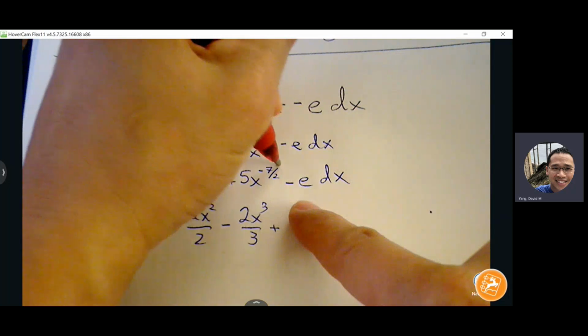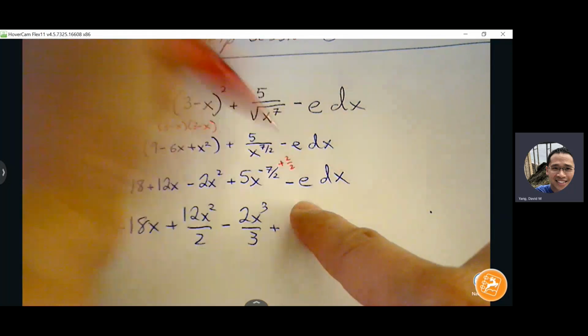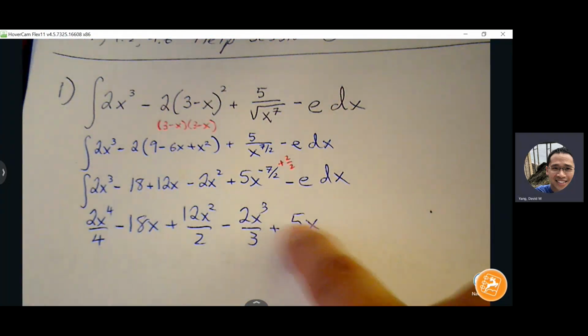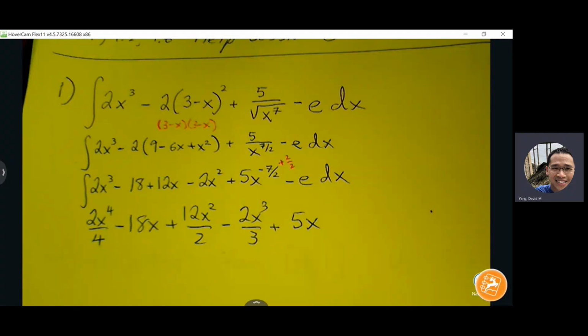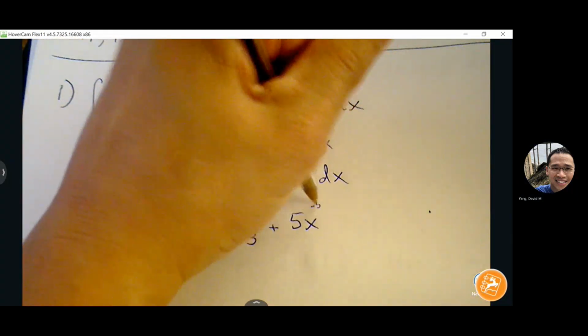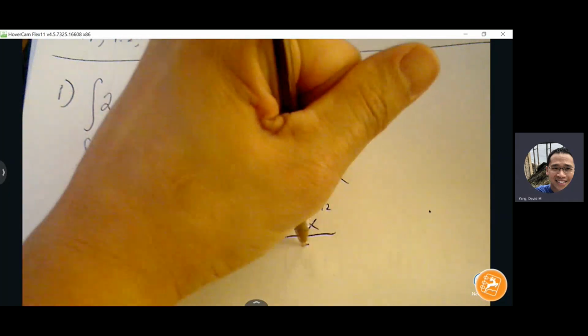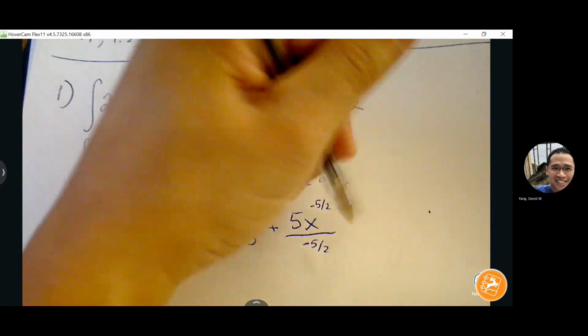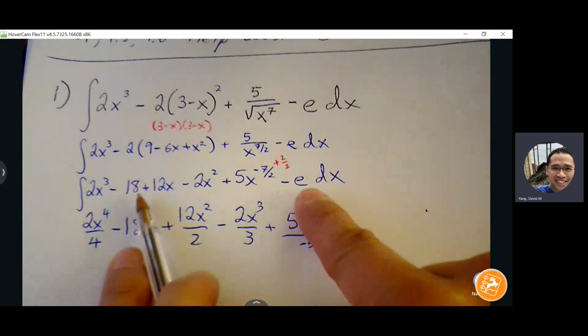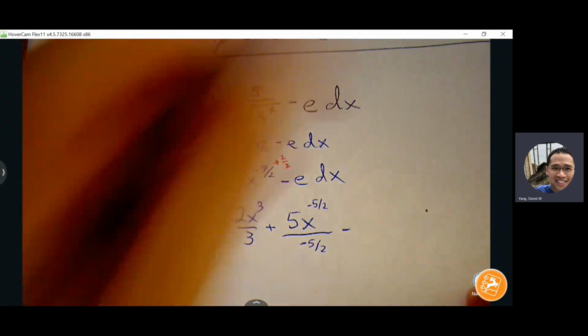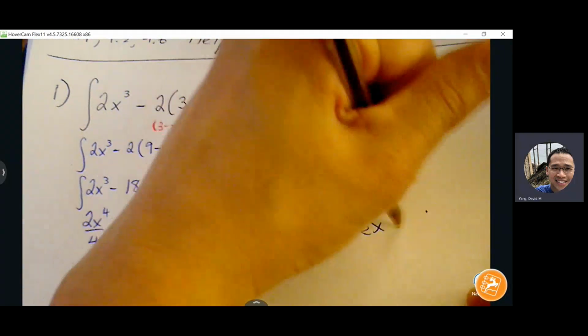I can add 1 to the exponent, so really it's plus 2 over 2. That gives me a new exponent of -5/2, divided by -5/2. Now E is a constant, just like 18. So that becomes EX and then plus C.